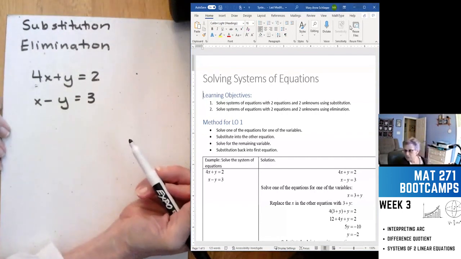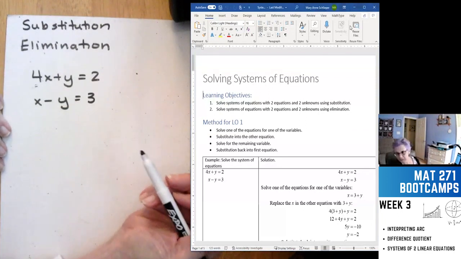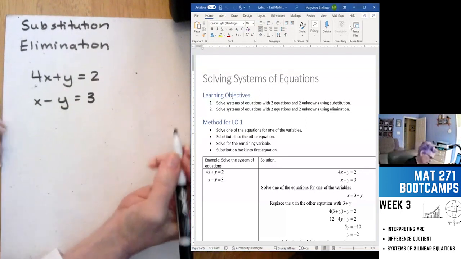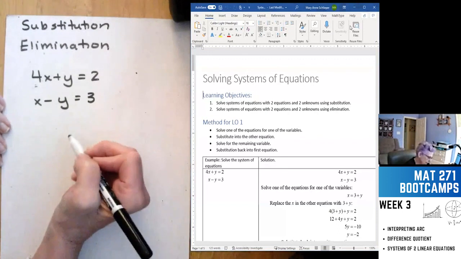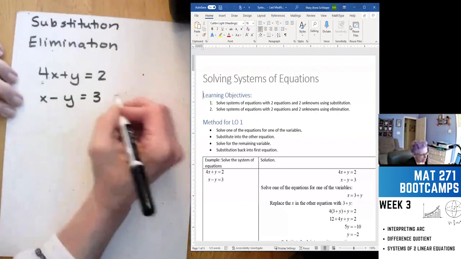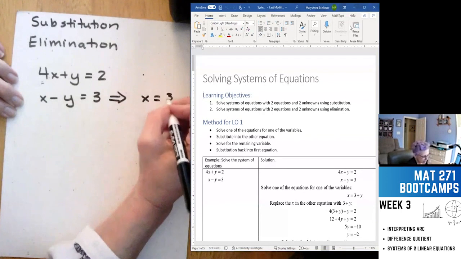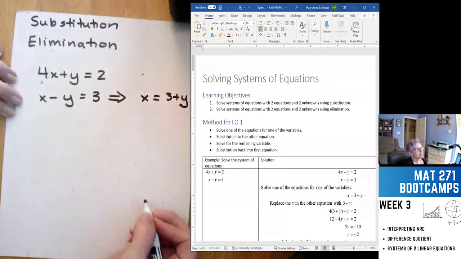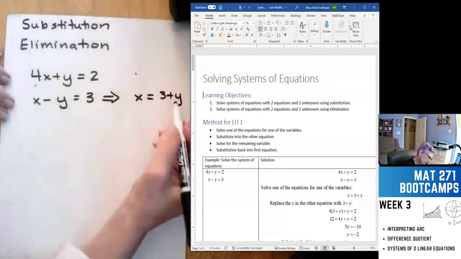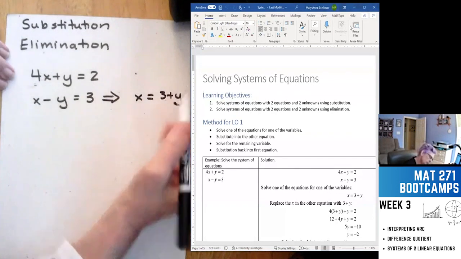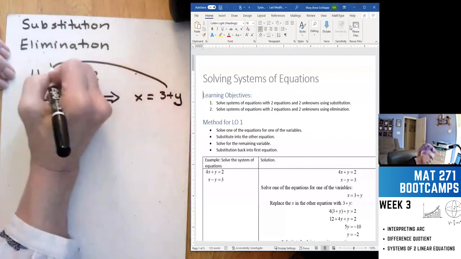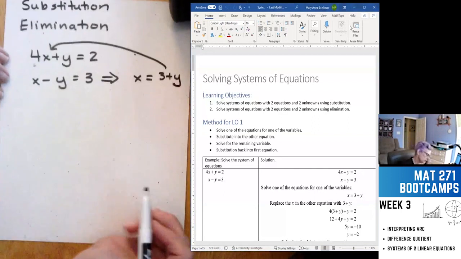Yeah, reminds you of middle school back in the good old days, doing the fun stuff. So let's start by getting x all by itself in this one. So x equals 3 plus y.